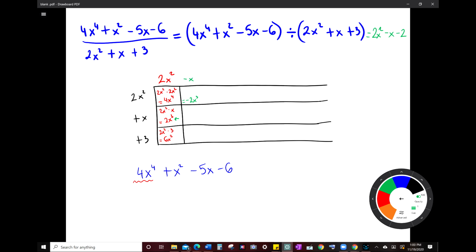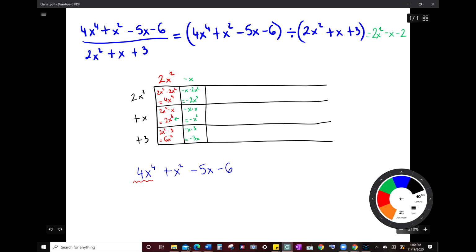So now I take negative x times 2x squared, which gives me negative 2x cubed. It works out. And then next, I also have negative x times x, which gives me negative x squared. Keep going, negative x times 3 gives me negative 3x.